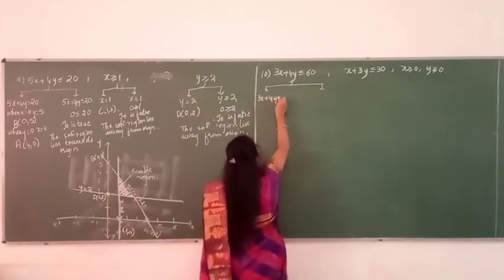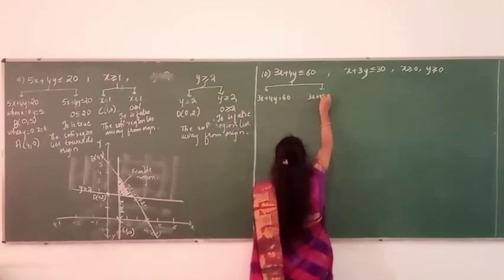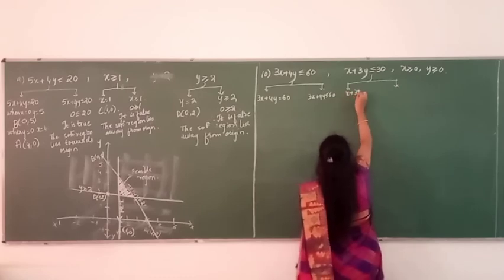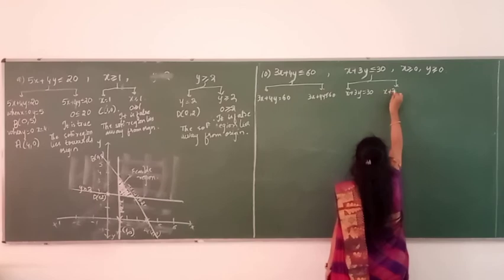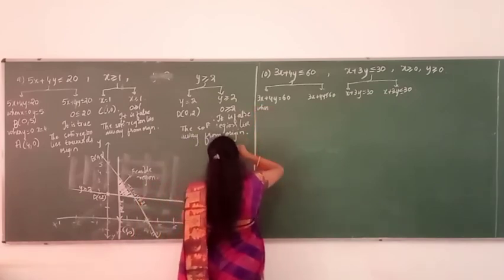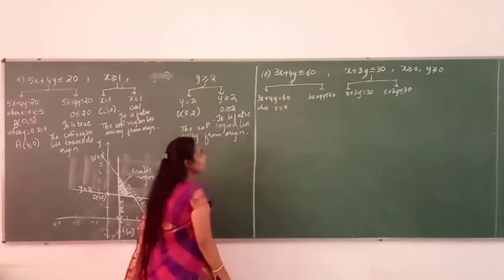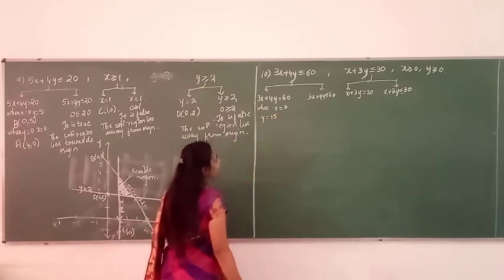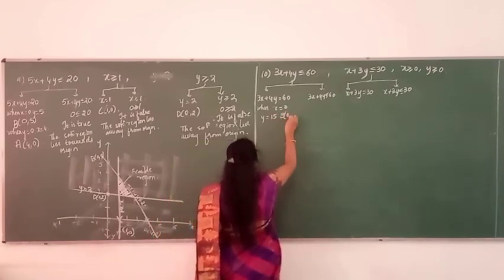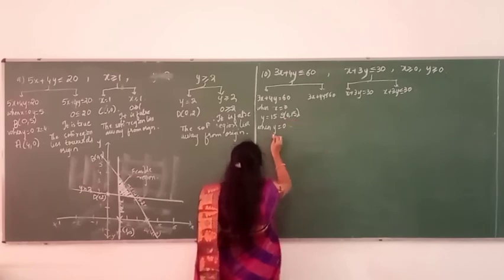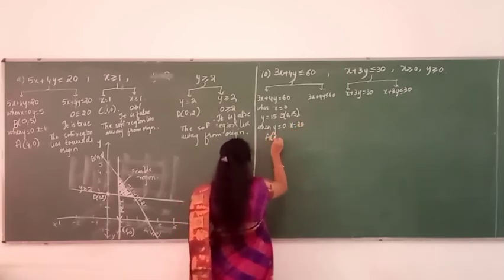x plus 4y is equal to 60 and 3x... 40 divided by 4, which is nothing but B is equal to 0 comma 15, and when y is equal to 0, the x coordinate you will be getting as 20, which is nothing but A is 20 comma 0.